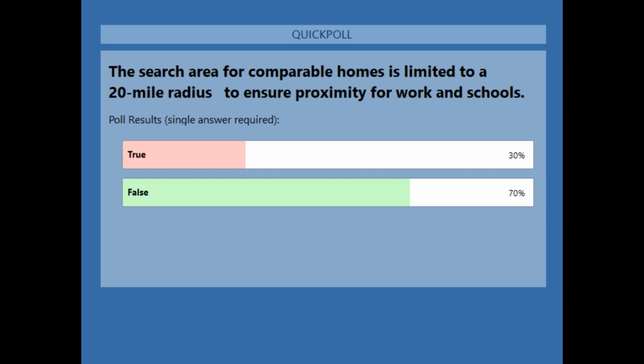Okay, the correct answer is B, because while you will take into consideration where they work and the school system, that is not a requirement for your prime comp.